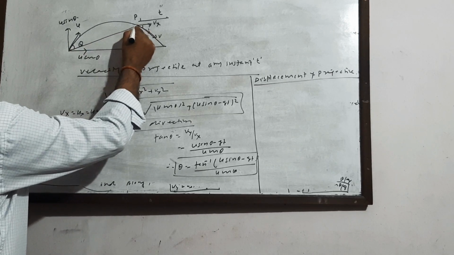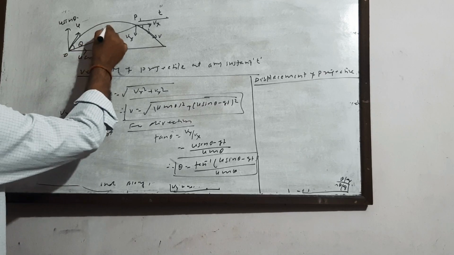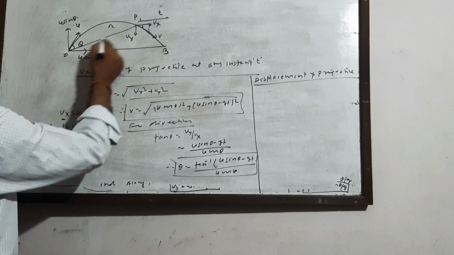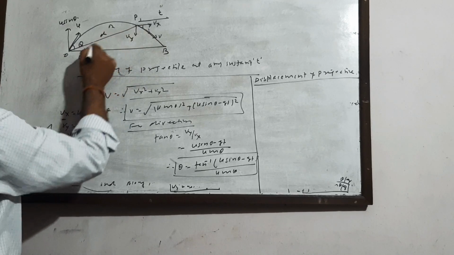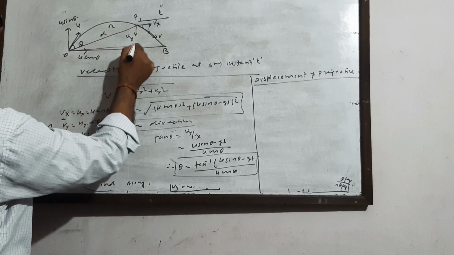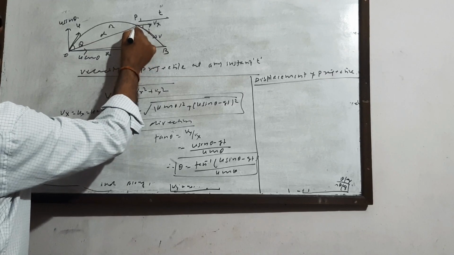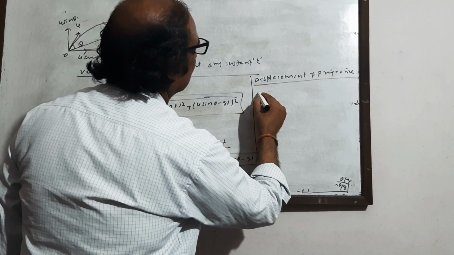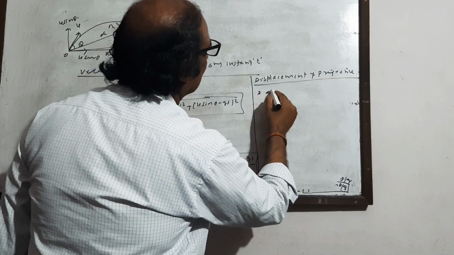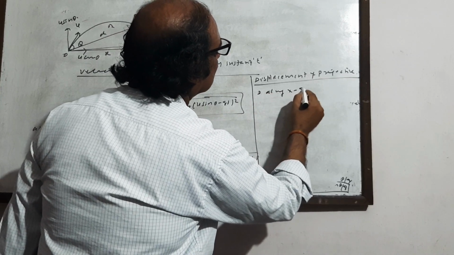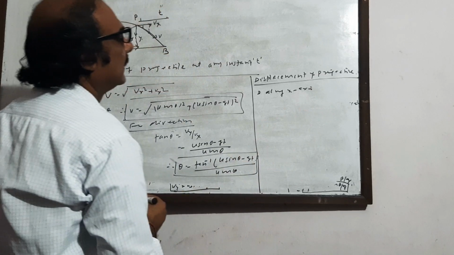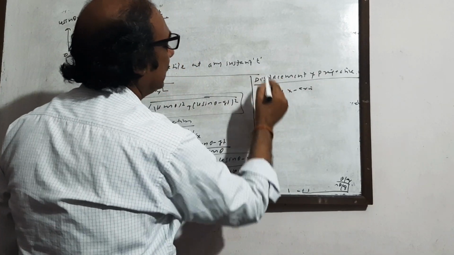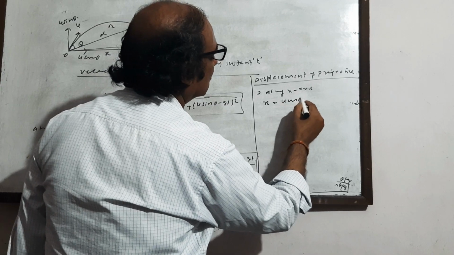This one is the displacement d, so there must be displacement along the x-axis and displacement along the y-axis. Displacement along the x-axis in the time t, x is equal to u cos theta into t.